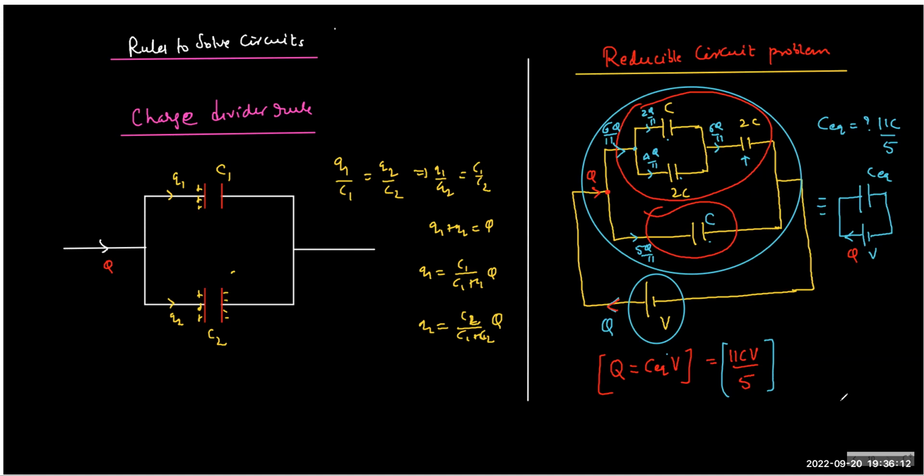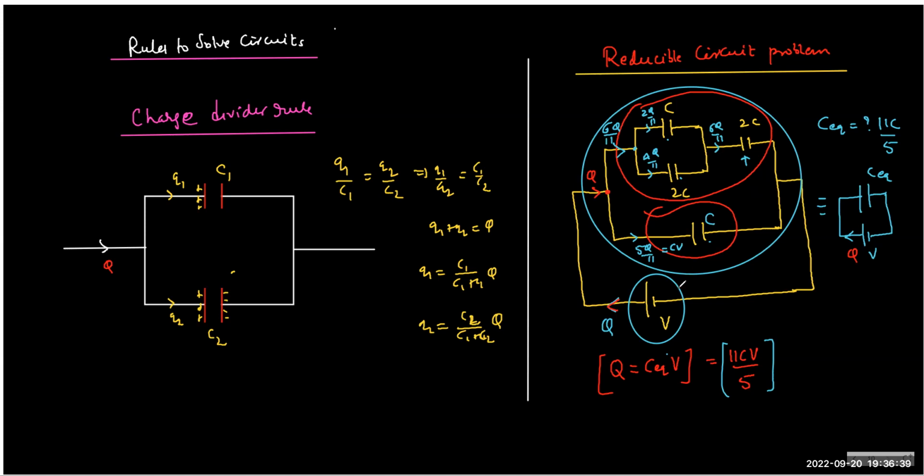The other way of thinking is this. Because we have parallel branches, the voltage across each parallel branch is V only. So this will be exactly equal to CV. If you substitute Q, you will also get CV, because the potential across the lower branch is V and the capacitance is C, so the net charge must be CV.